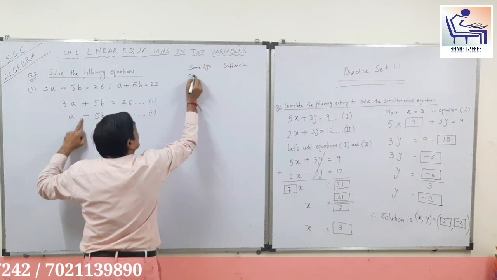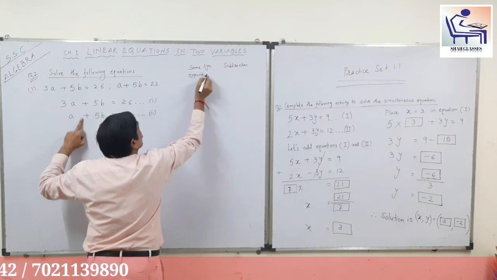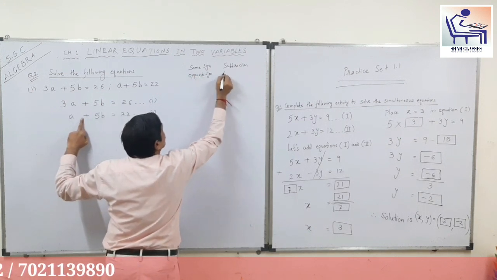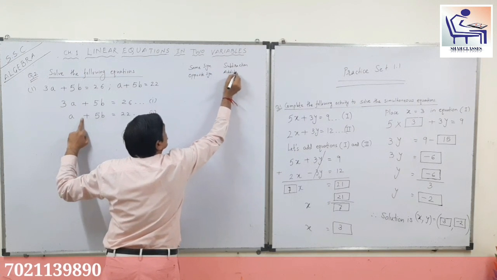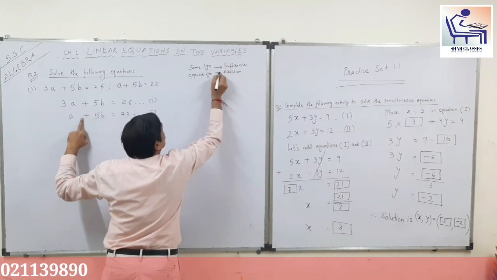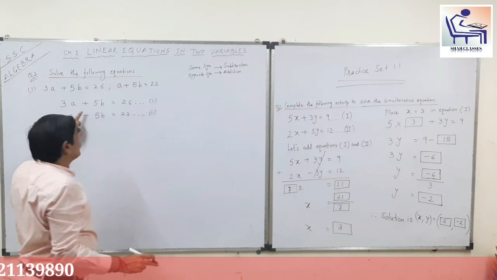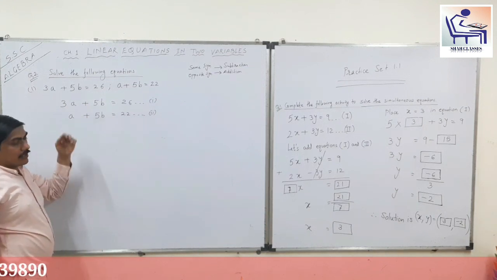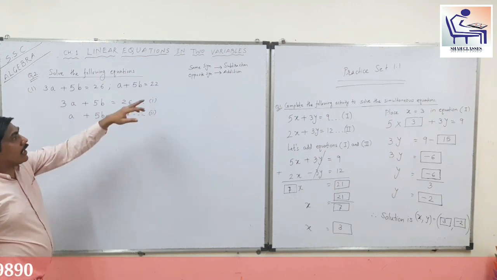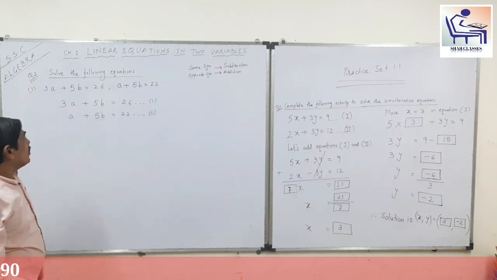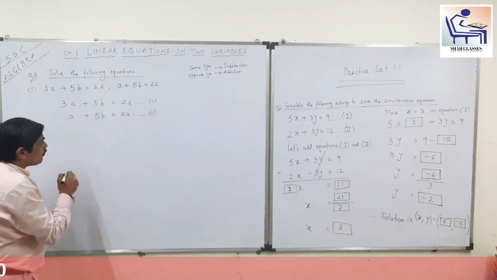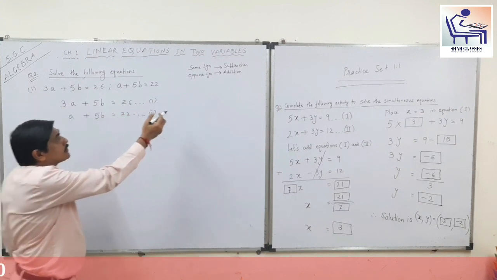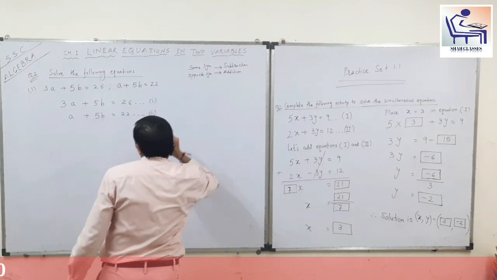And for opposite signs, we have to go for addition. Please remember this rule always. If you find plus and minus, we will do addition. Here the same sign is there, so we will do subtraction.